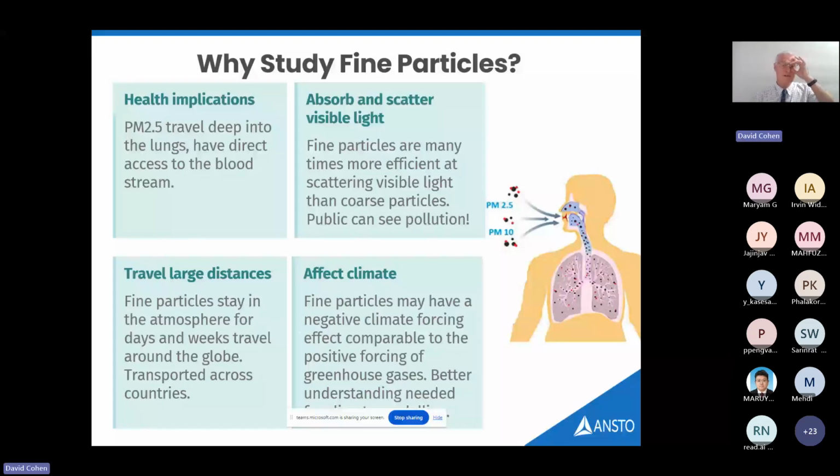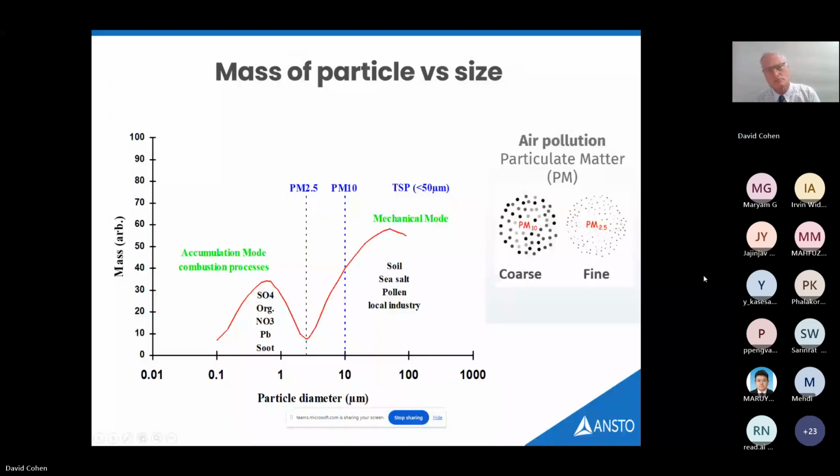Okay, so what is a fine particle? What do you get if you take a filter paper and you pull air through that filter paper and trap the material on the filter paper? You measure the mass on the filter paper against the particle diameter. You end up with a bimodal distribution like this, with 2 peaks.